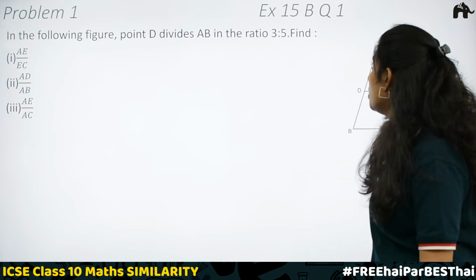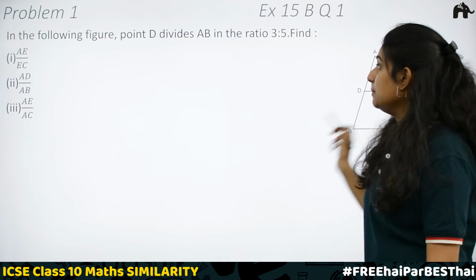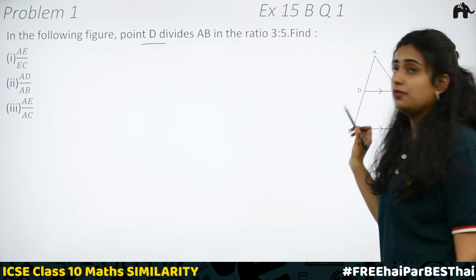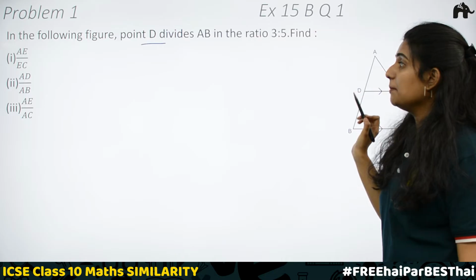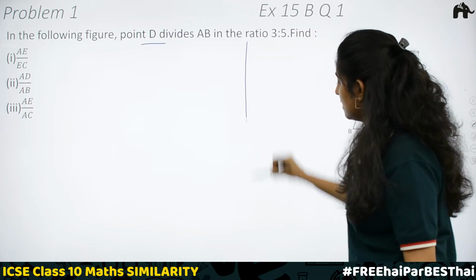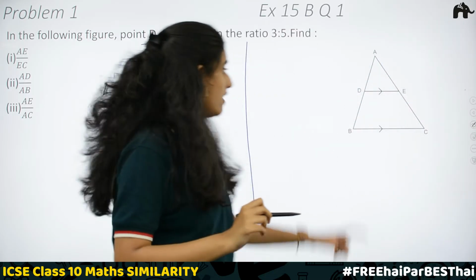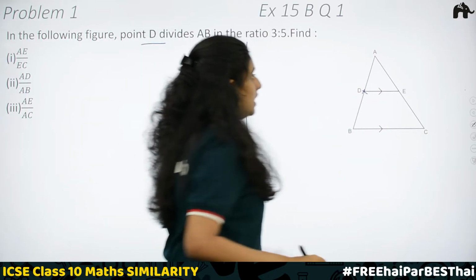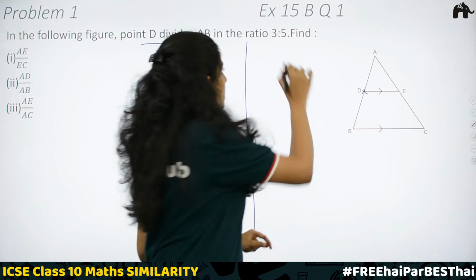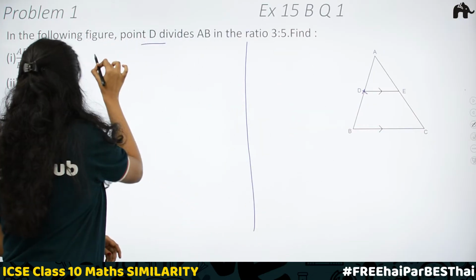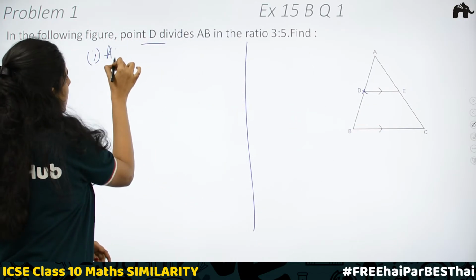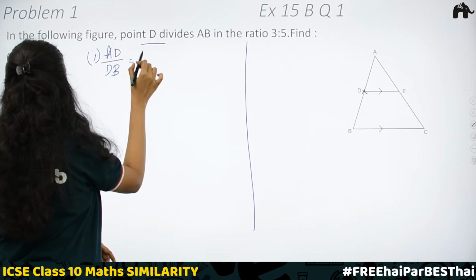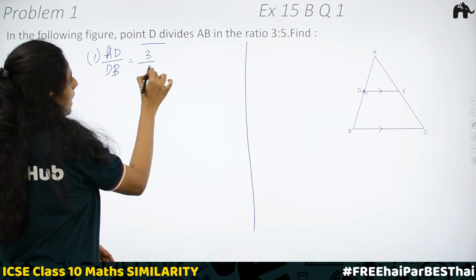Now let us solve more problems from exercise 15b. Here we have the first problem, question 1 of exercise 15b. In the following figure, point D divides AB in the ratio 3:5. Find AE by EC. Here we have a figure, triangle ABC. This point D divides AB in the ratio 3:5, which means we can write AD by DB is equal to 3/5.